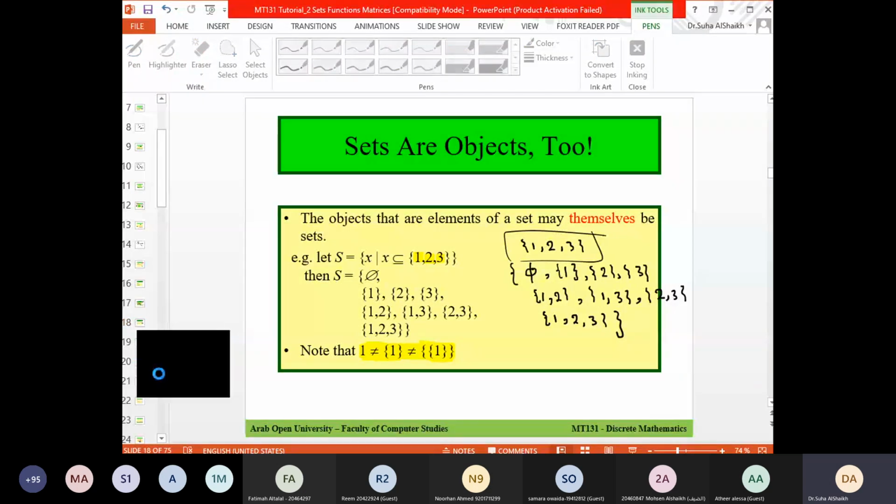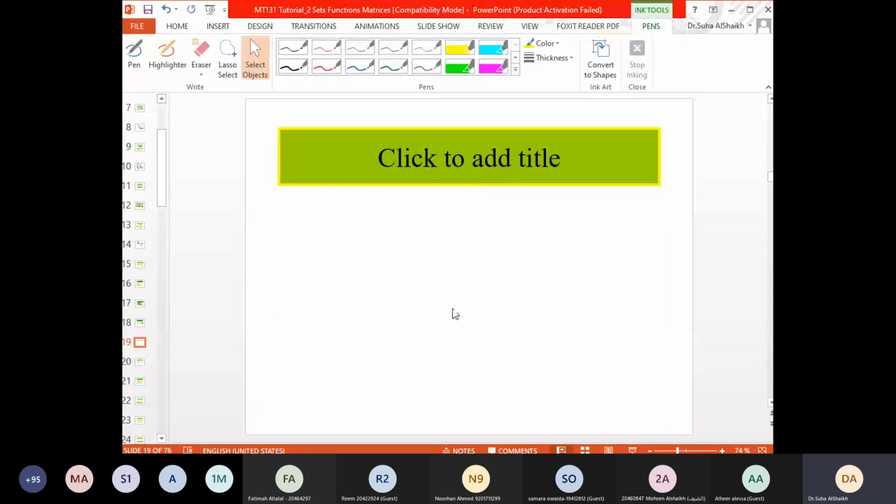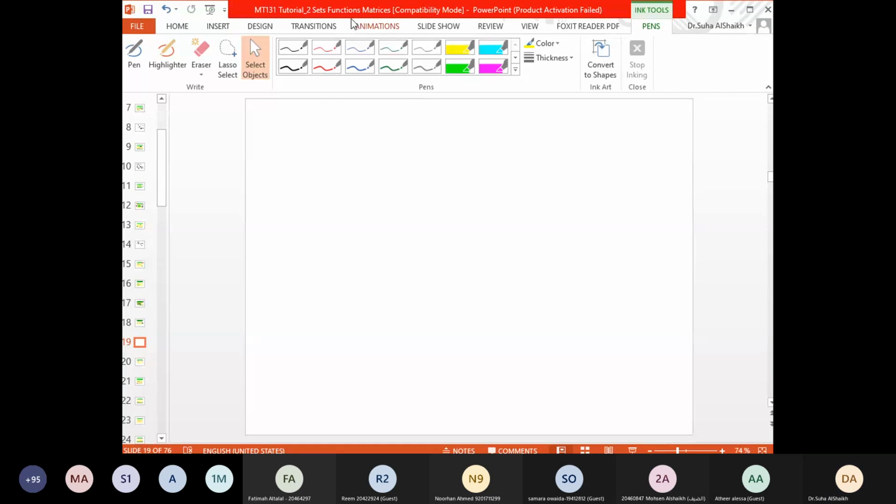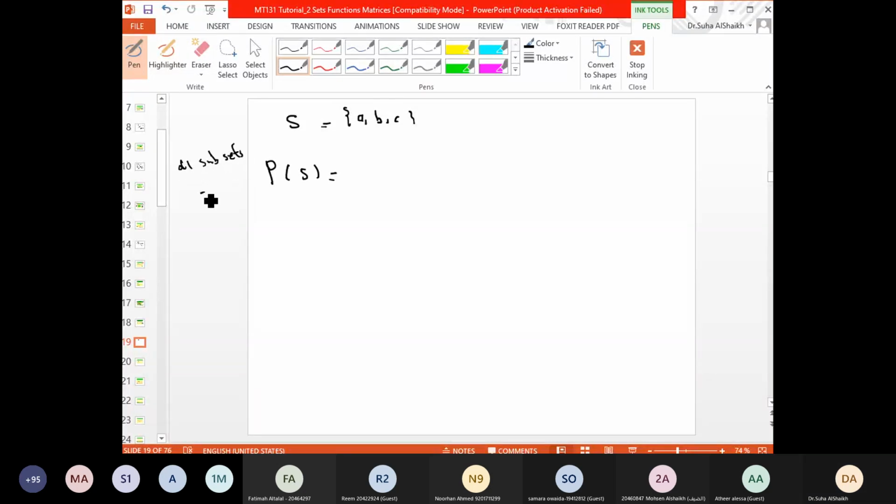Now let me give you one more example. If I give you this set {A, B, C}, I'm going to call it S, and I ask you for the power set of S, which is all subsets. What are all the subsets of S? First, phi, and the set {A, B, C} is a subset of itself.